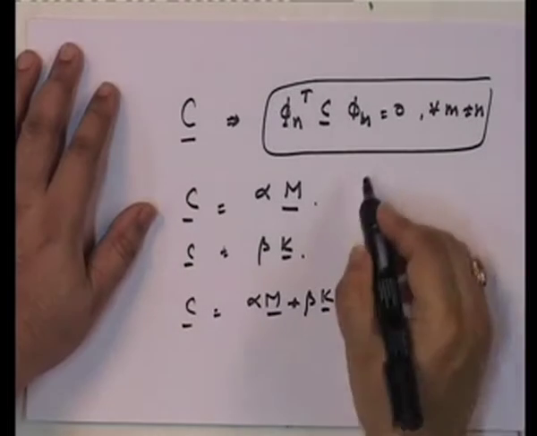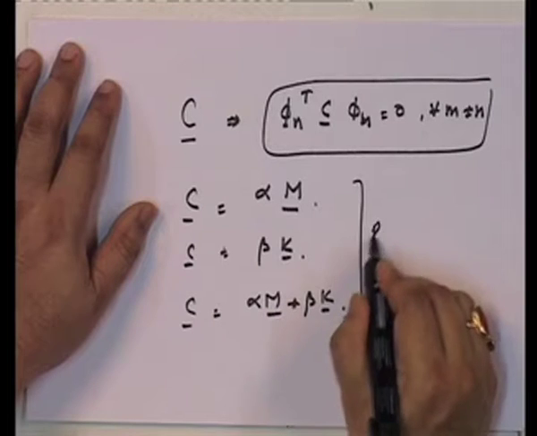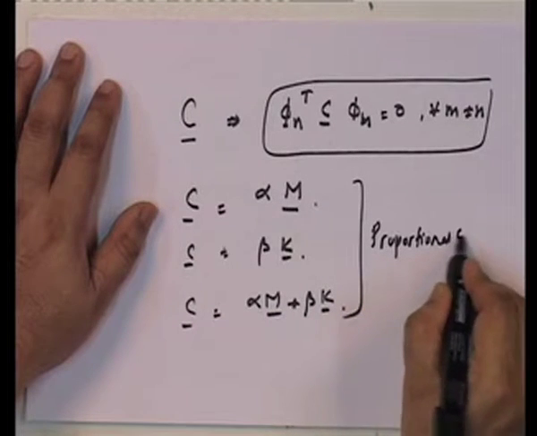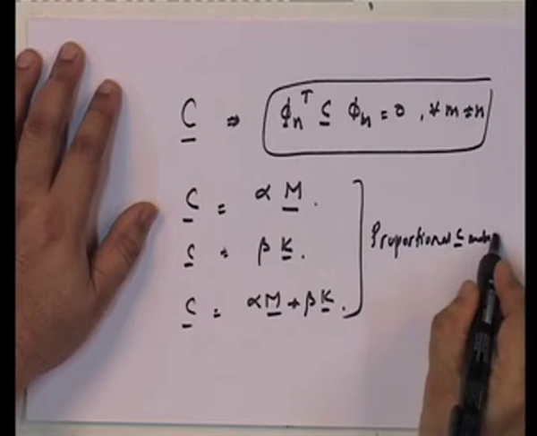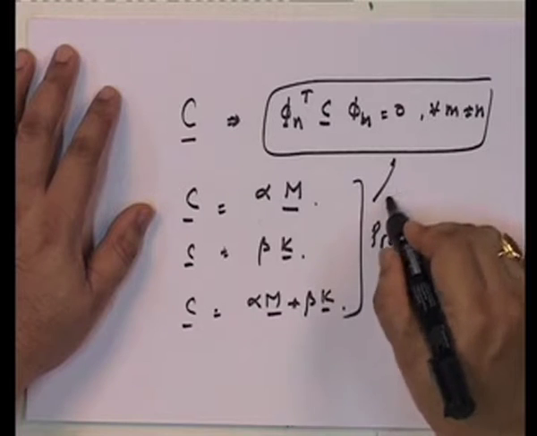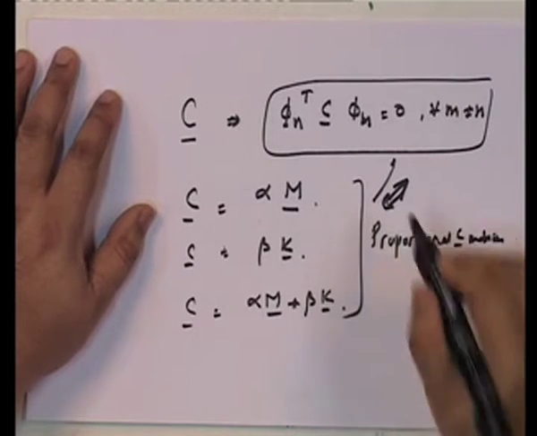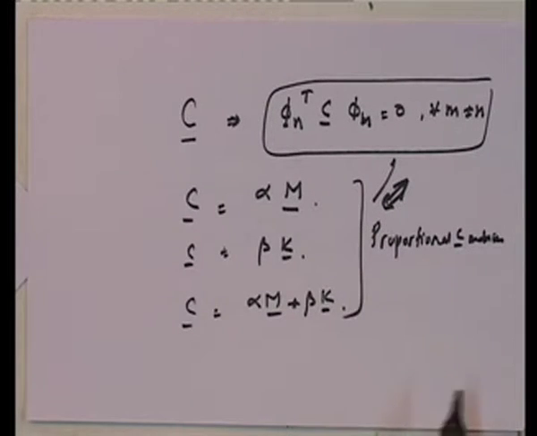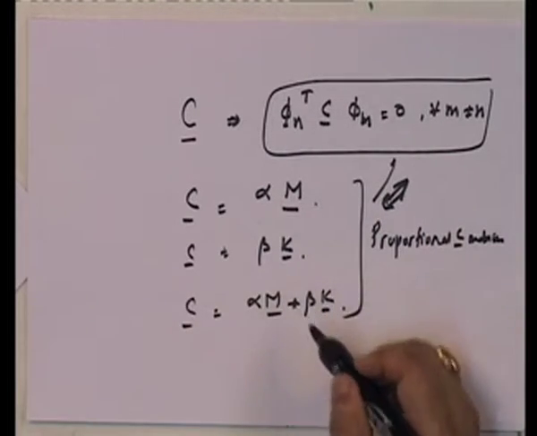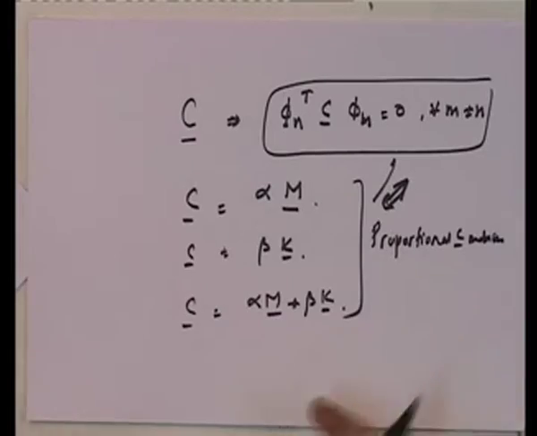Okay. So, these are what are known as proportional C matrices. If these are there, then this is automatically satisfied, because we know that phi is mass orthogonal, stiffness orthogonal. So, if they are of this form, we know that this is true.